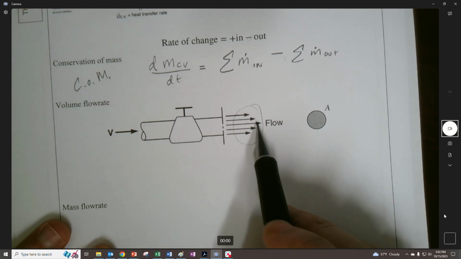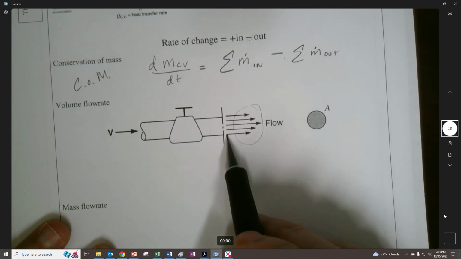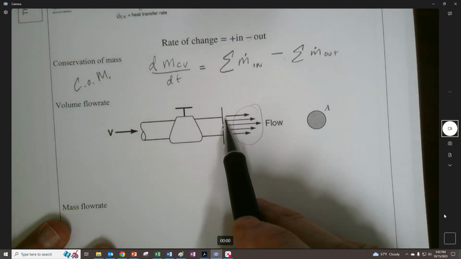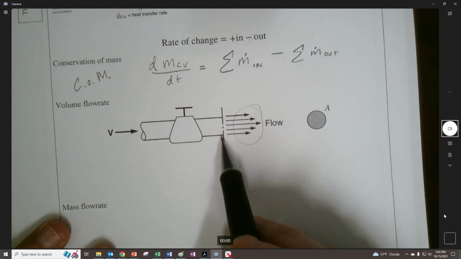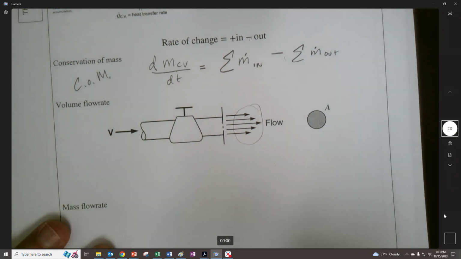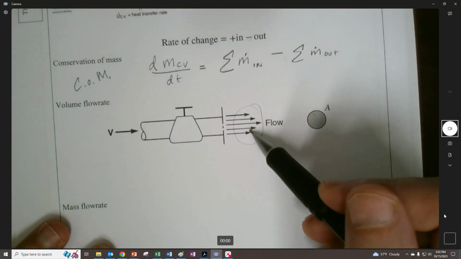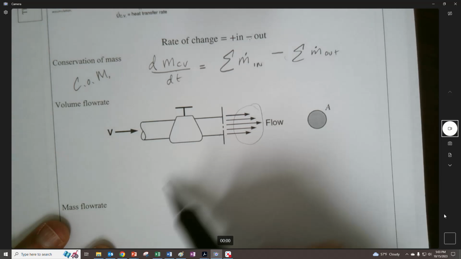In fact, it's maximum right here in the center, and it comes down to zero right there at the very inner part. We call that the no slip condition in fluid mechanics, just so you know. So the velocity does change throughout the section.